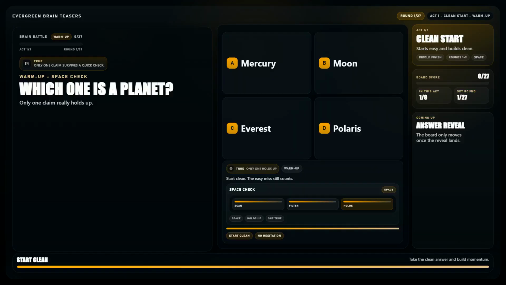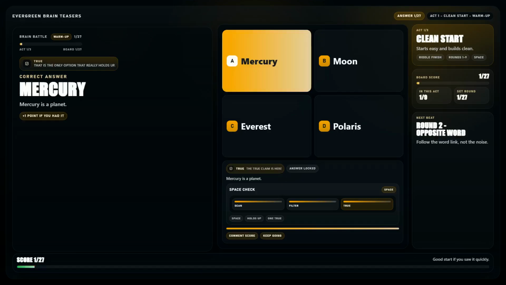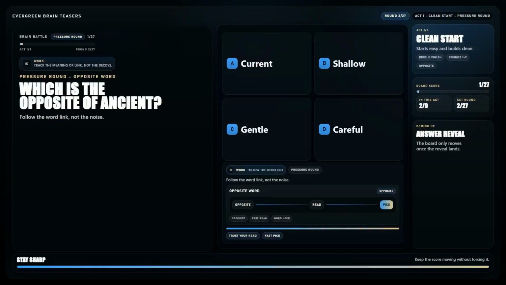Fact opener. Which one is a planet? Mercury. Word switch. Which is the opposite of ancient?